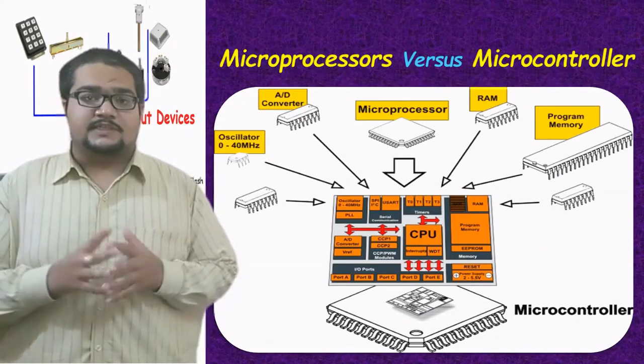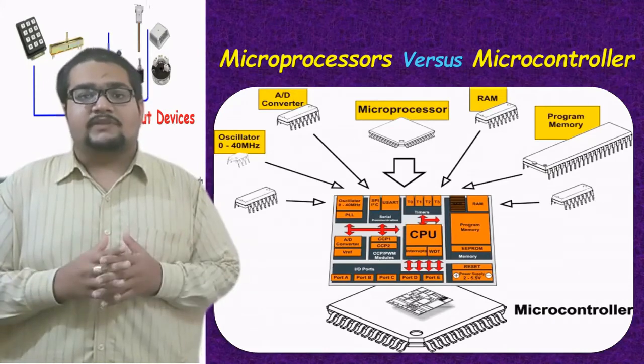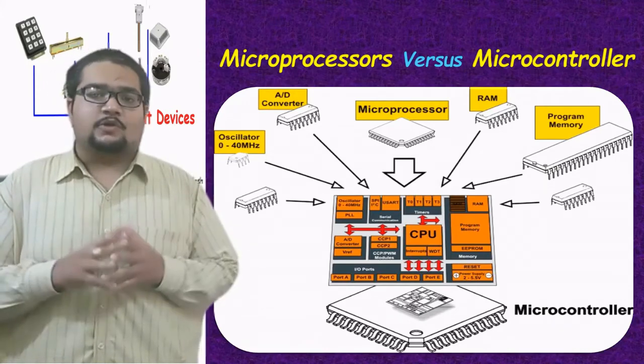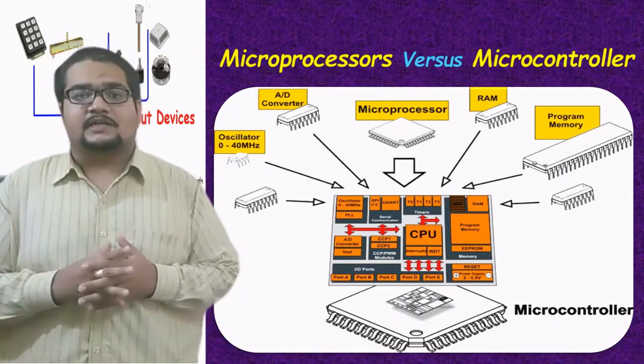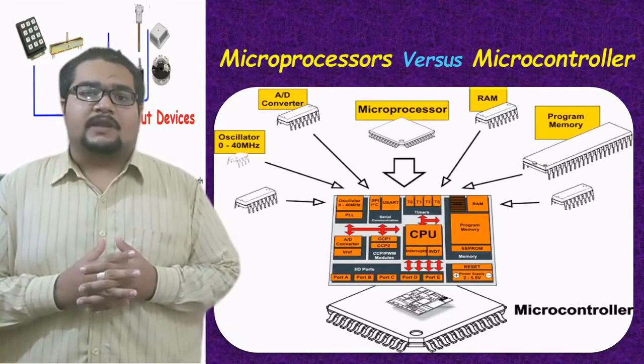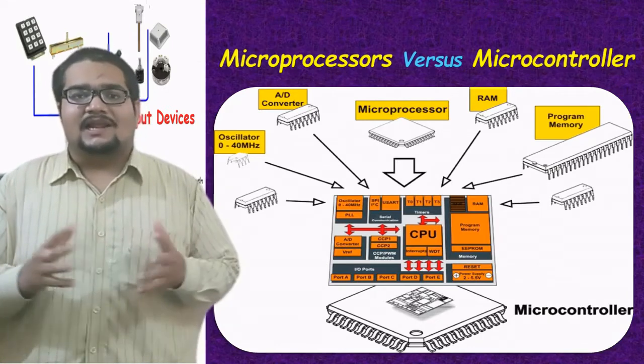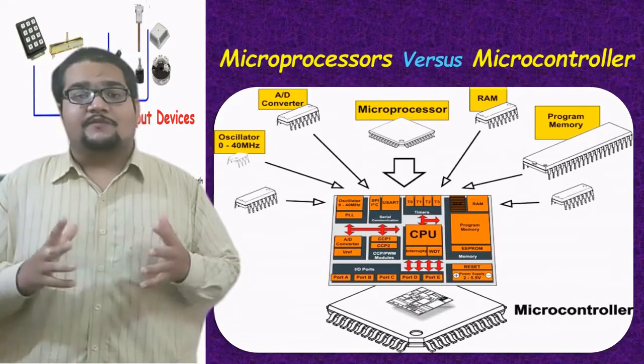So overall efficiency wise, they both have their own definitions. The microprocessor is well and good in its field of applications, and the microcontroller, where it applies to a specific task to be done perfectly, also defines its efficient work.